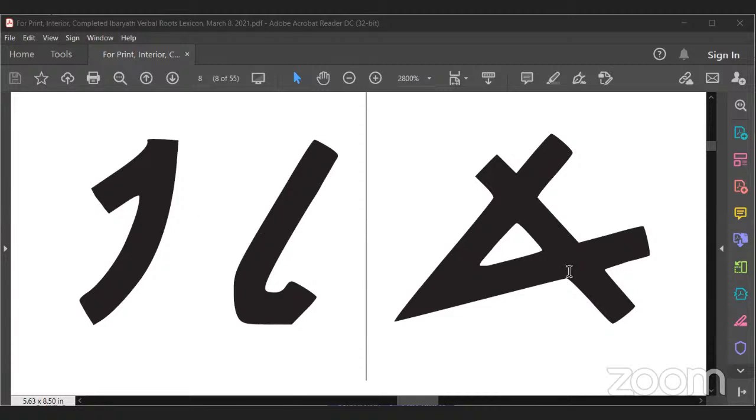All right, so here's our Ibaryath word for the day. This is the Ibaryath verbal root word for the day. So remember, there are parts of speech and grammar, right? And parts of speech represent the function of a word, or in this case, a verbal root. Remember, verbal roots are actually not words in themselves, right?